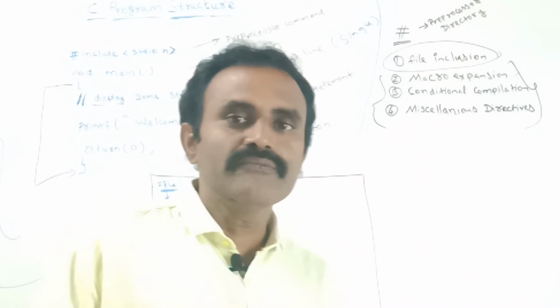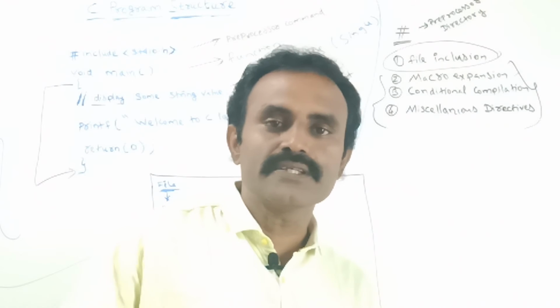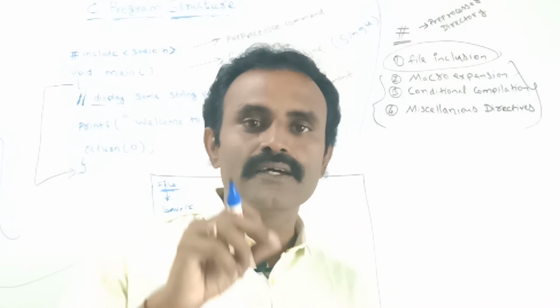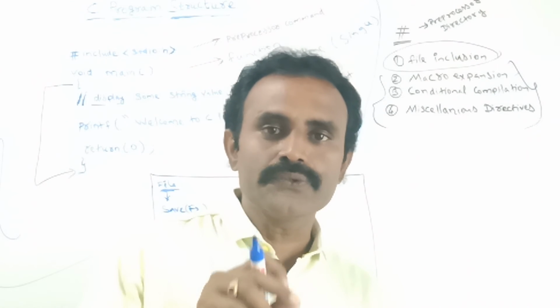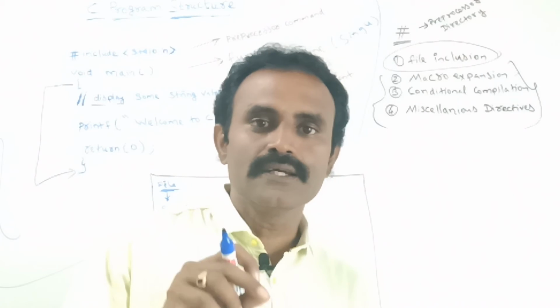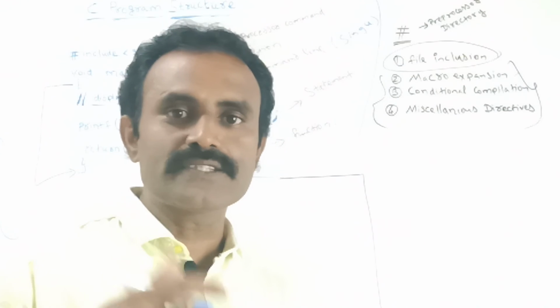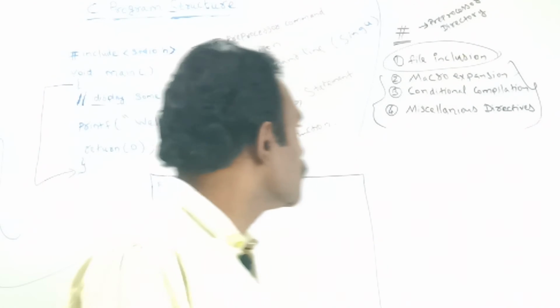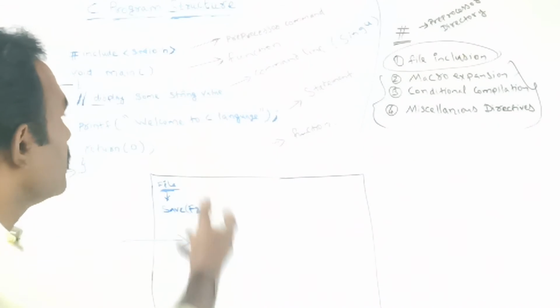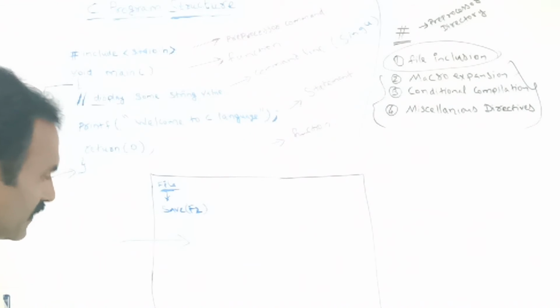Each and every C program we should save with the extension .c. Compulsorily we should use .c, because if you use .c only, the compiler at execution time will consider it as a C program. So while saving the program we can give the file name.